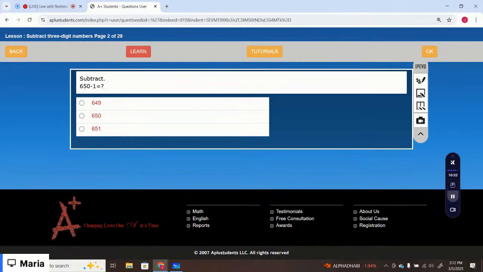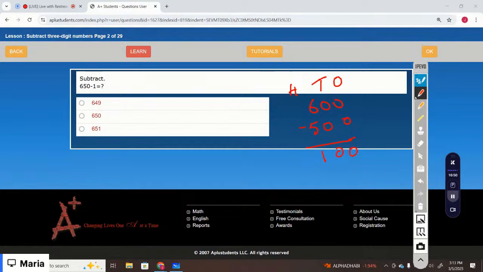650 take away 1. Let's just write them down one above the other. Start subtracting from the ones digit. You cannot subtract 1 out of 0, you need to borrow 1.